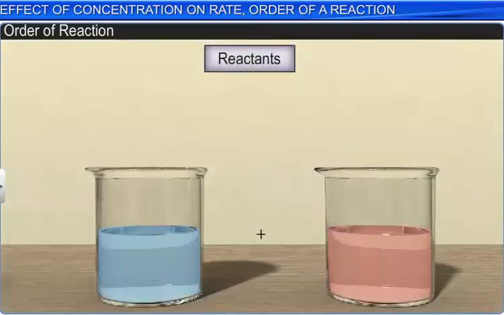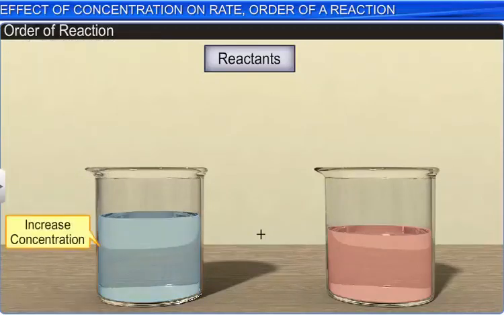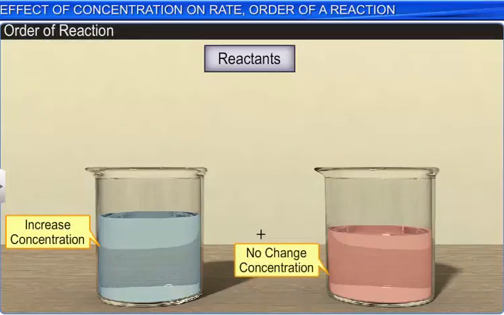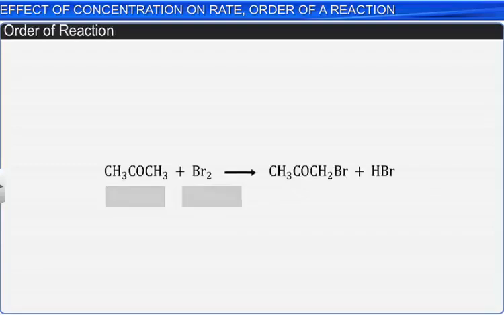For any reaction, the reaction rate with respect to the reactants is determined by varying the concentration of any one of the reactants, keeping the concentration of other reactants constant. Let us look at a reaction to understand this better. Consider the reaction of acetone and bromine.